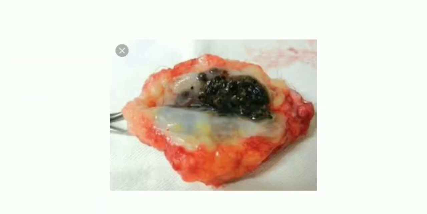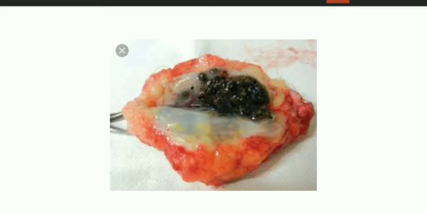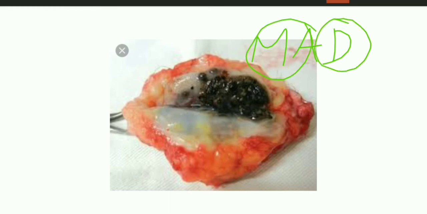Now another thing you can do is, so this is actually the picture of the grains. So here the grains are black in color, that means it is Mycetoma. So you remember MAD, Madurella species cause dark grains.